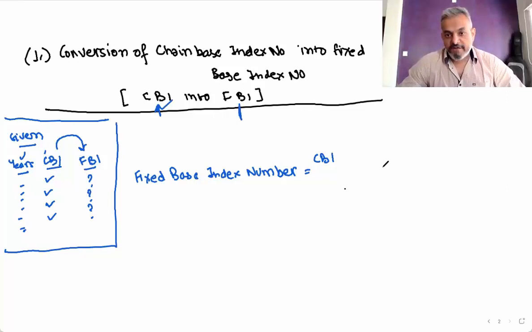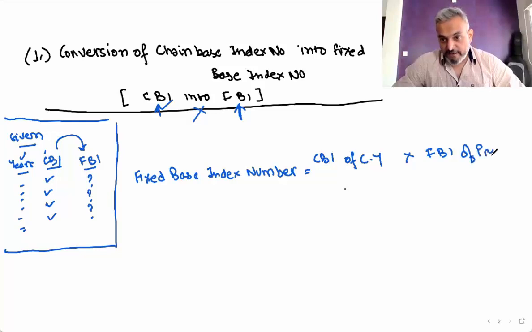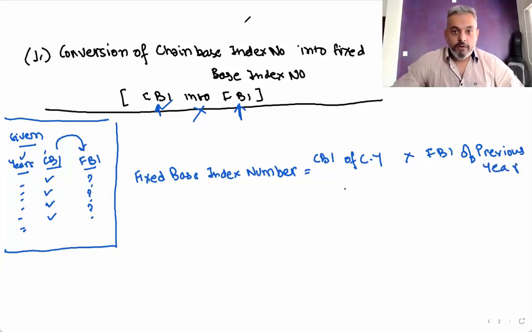CBI into FBI. I've written it like this. CBI into FBI. But CBI of what? CBI of CY, that is current year, into FBI of previous year.